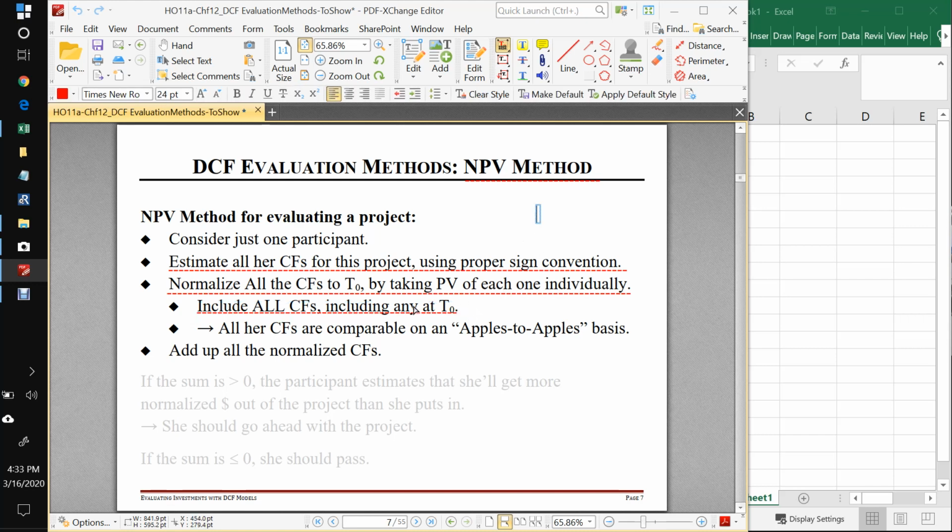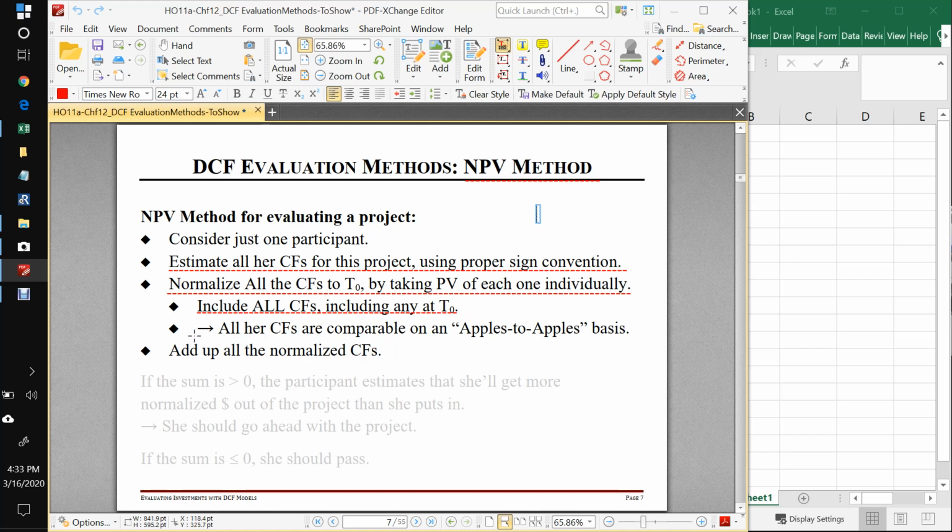So this is a little bit different than what we were doing in chapter 8. In chapter 8, we were considering only the future cash flows and getting the PV of those. So in this chapter, we're also going to include any cash flow that happens at t equals 0.